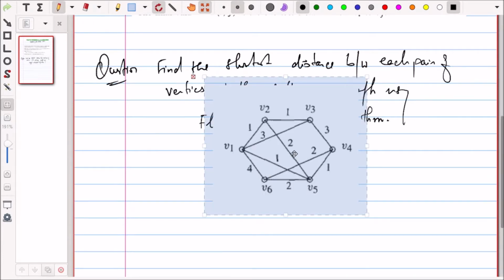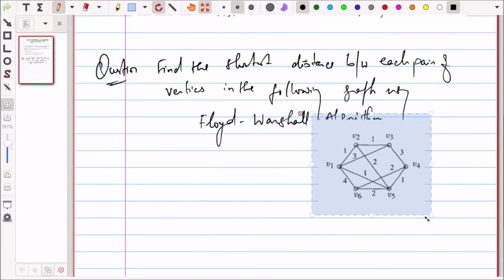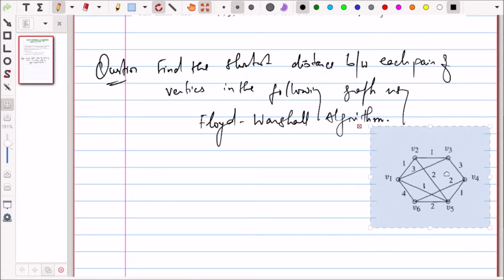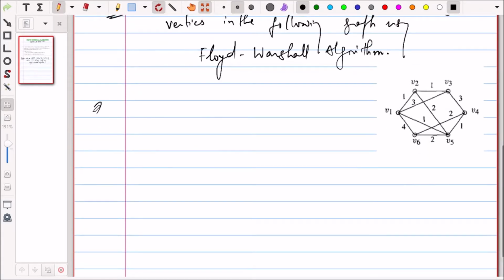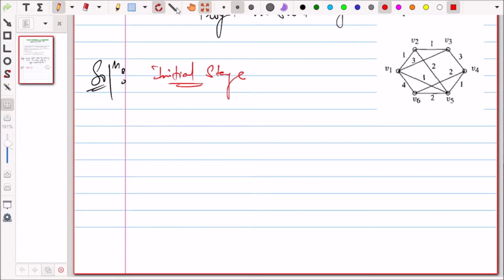So this is the graph given to us. What is the first step? The initial stage, where we form a matrix. The diagonal entry is 0.